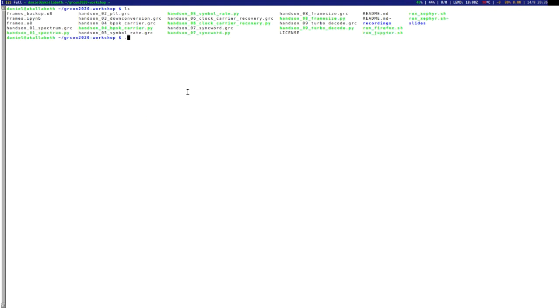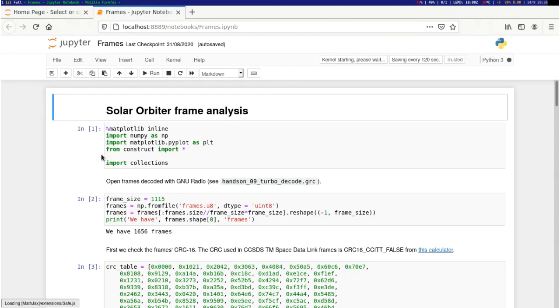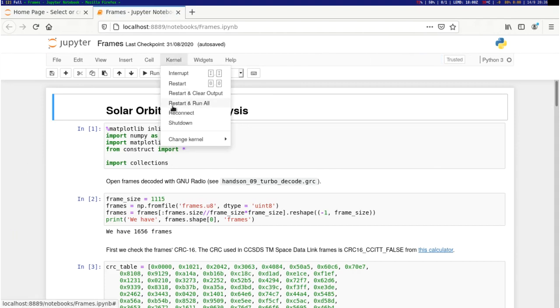I have some run Firefox script here, which I hope will, yes, perfect. So with the workshop material, you have these frames Jupyter notebook. You can click on kernel restart and run all to evaluate all these cells.